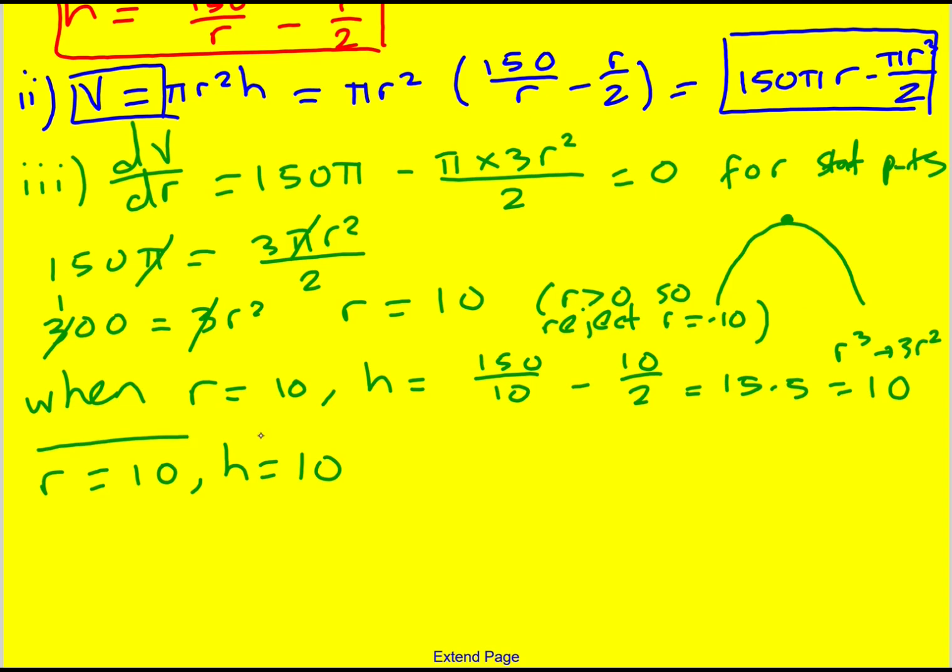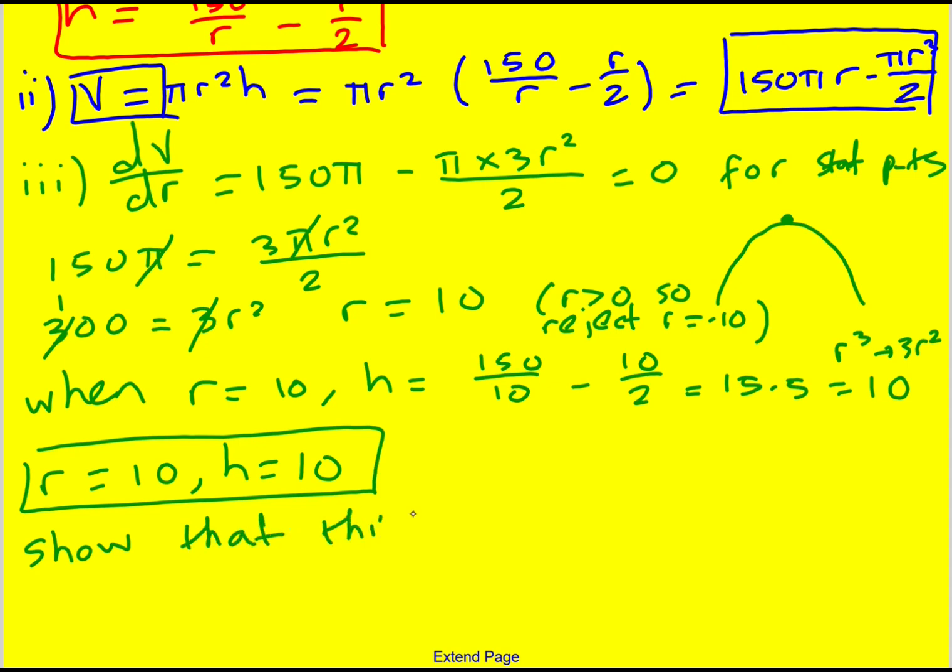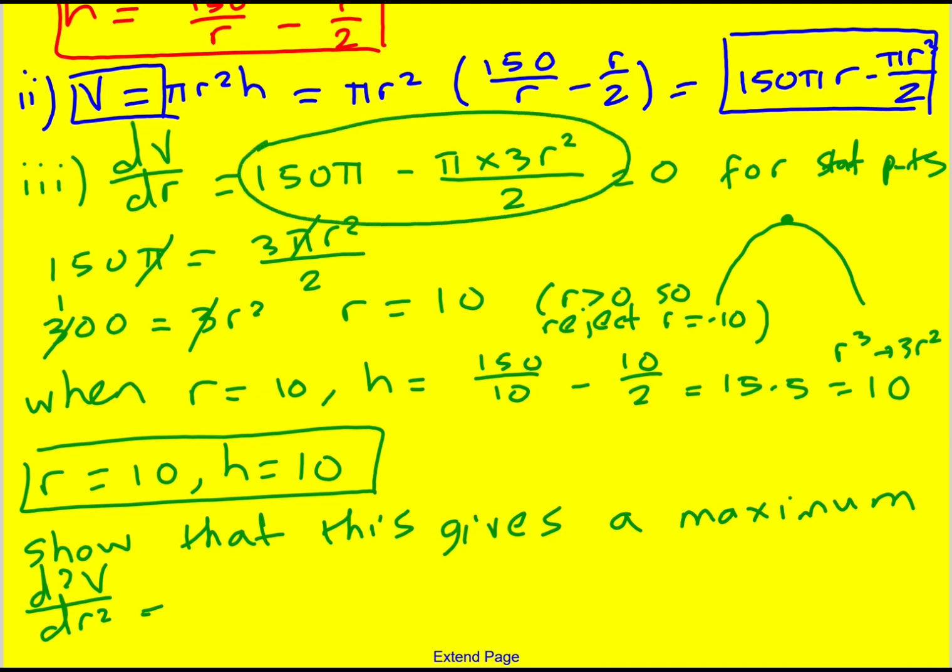The only thing I've not done is shown that it's actually a maximum. So we just need to do that, and we can use the second derivative. When I'm differentiating this, the 150 pi is just a constant, so it disappears.